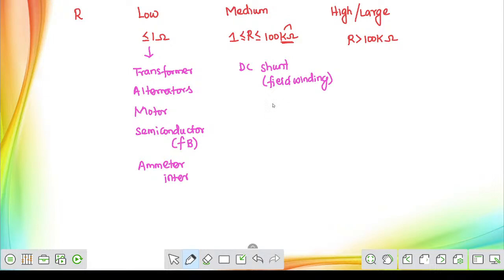One more best practical example for medium resistance is the human body. Then we can consider voltmeter internal resistance, and we have heater coils. Heater coil resistance, all these come under the medium resistance category.